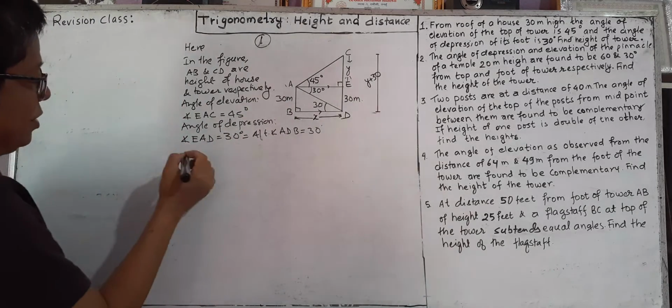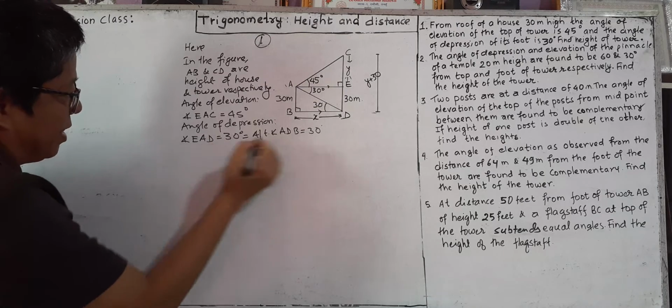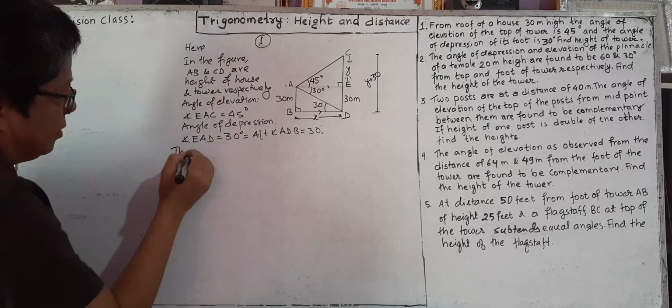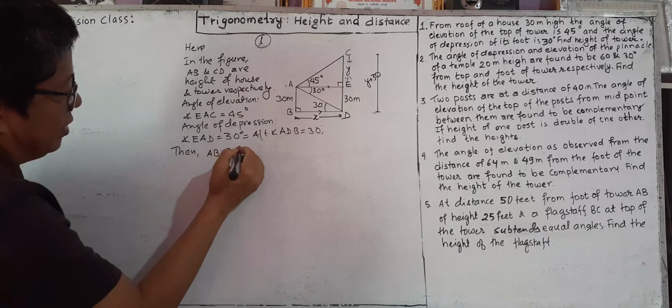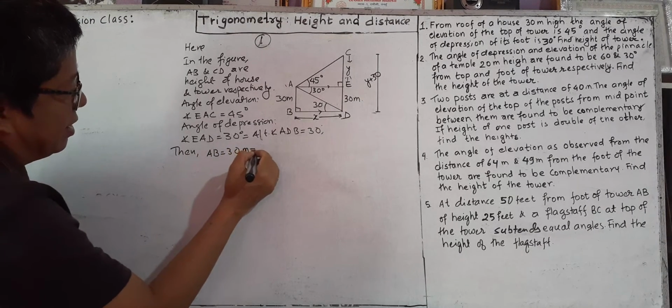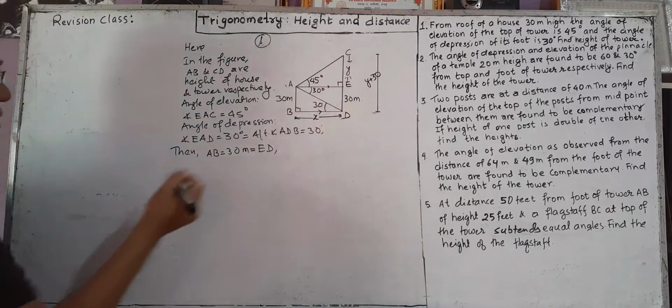Now from the question we are given that AB equal to 30 meter, and this height is equal to ED from the diagram.